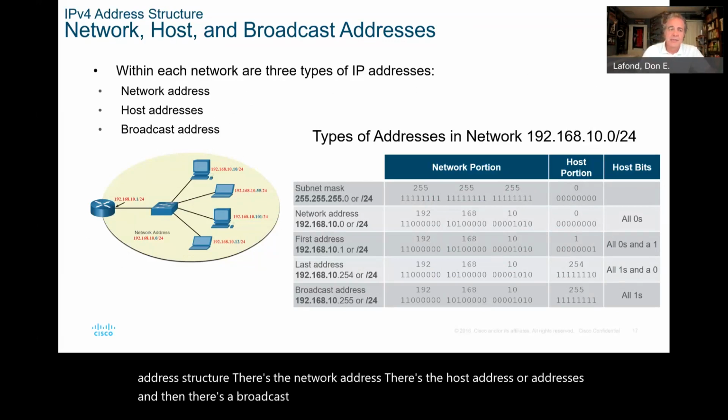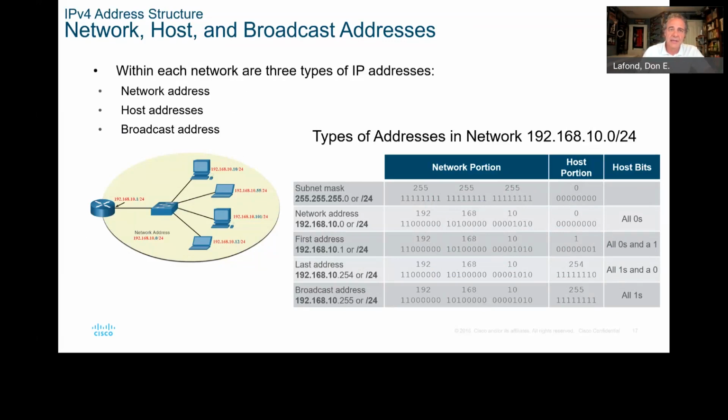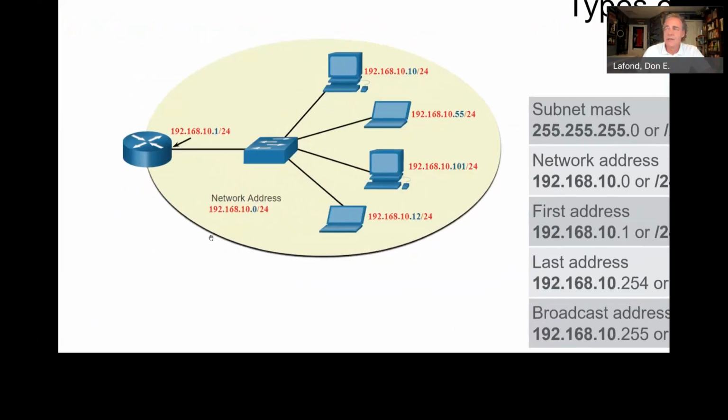Now, I'm going to zoom in on this, make it a little bit easier to see, and there is an error on this slide, and that error is this network. This is the 10 network. You can see they all are in the 10 network. The 10 should be a different color, not the 0 here at the end.